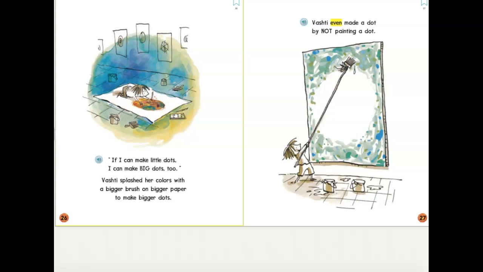How are Vashti's paintings now similar to the very first one that she made? Vashti began with drawing one dot and is now experimenting with different colors to make new dots.